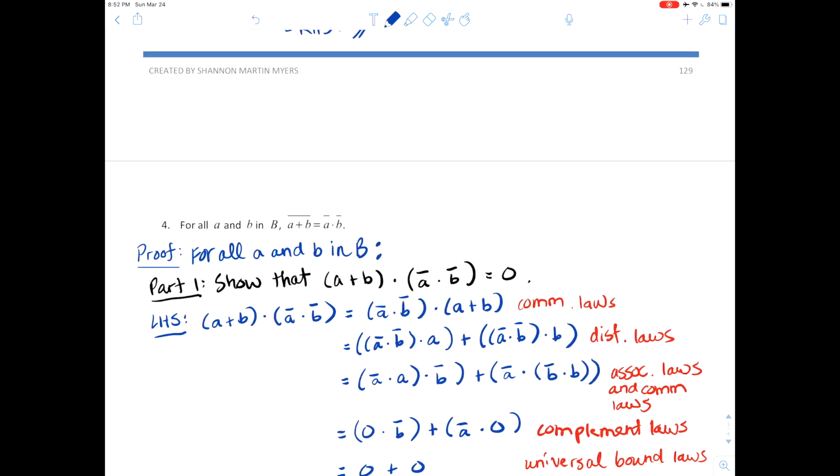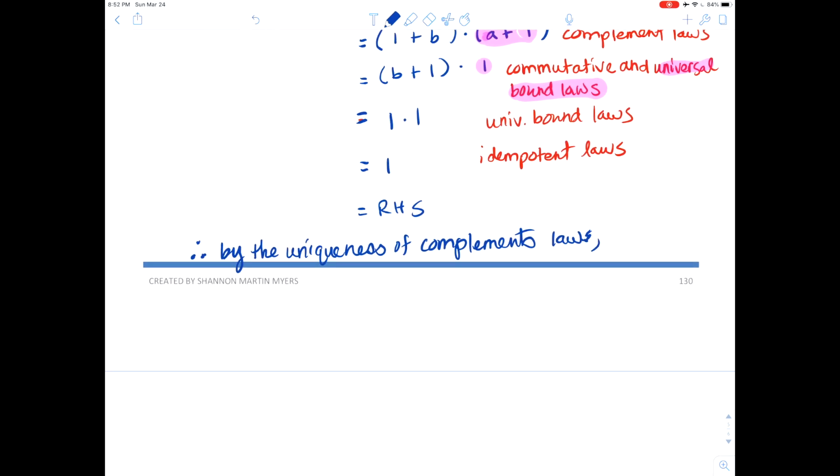And remember, our initial was that not (A or B) is equal to not A and not B.